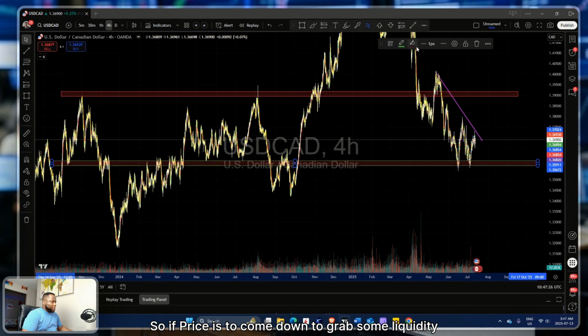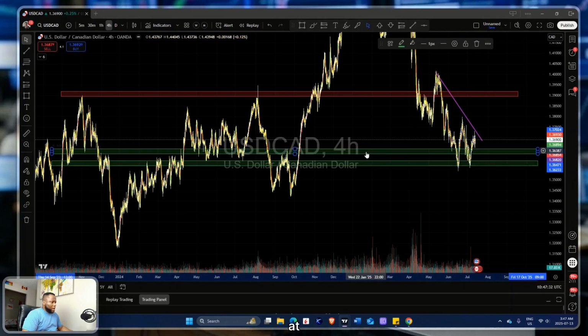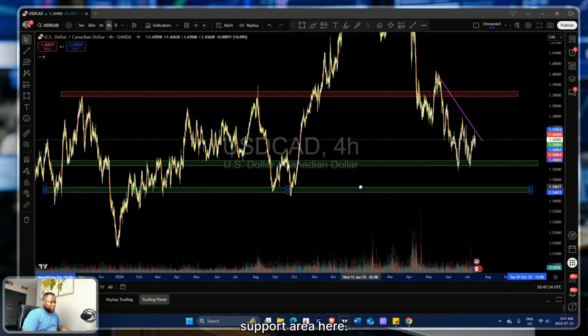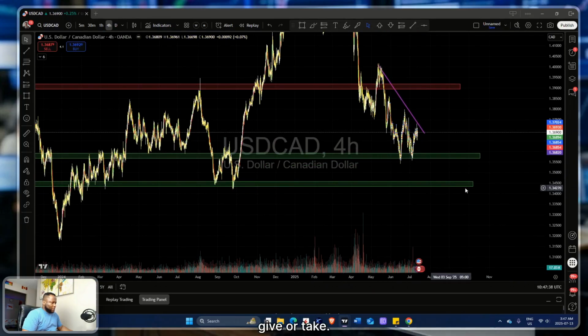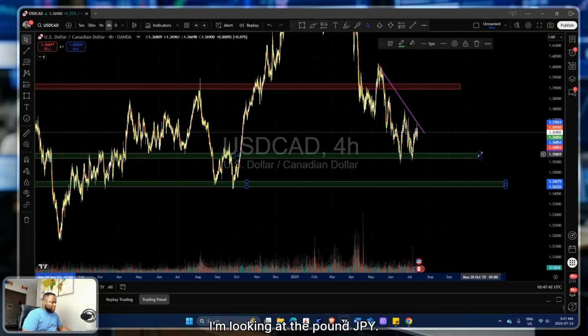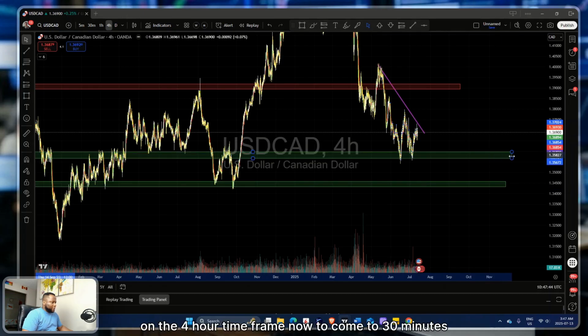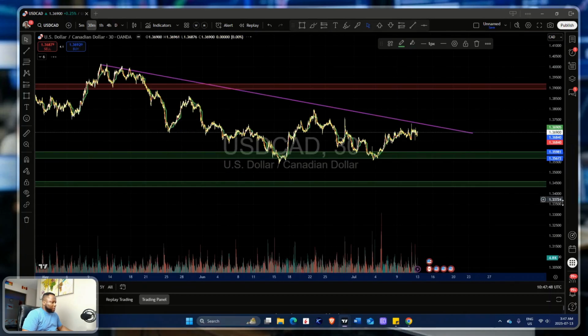If price comes down to grab some more liquidity, then I'm guessing the next stop will be at this support area here at 134.34, give or take. These are the zones I'm looking at on the USD.CAD on the 4 hour time frame. Now to come to 30 minutes where you can get your entries.